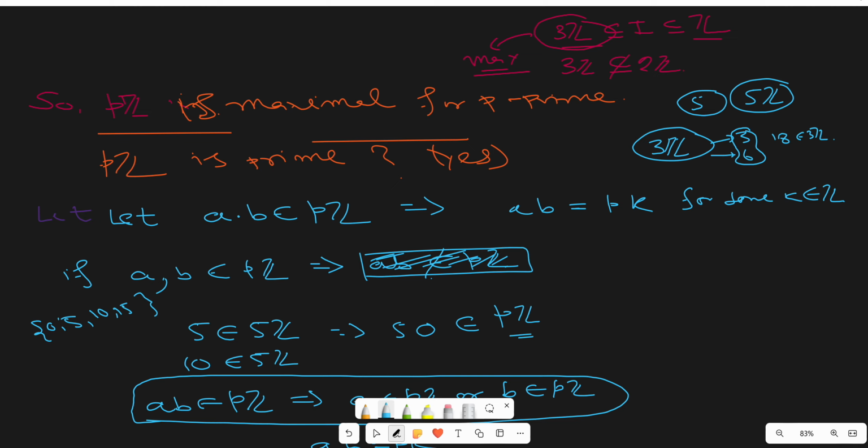Suppose 5 is inside 5Z and 10 is also inside 5Z. Does this imply that 50 is not inside pZ? No. So pZ is a prime ideal. So this option is correct.